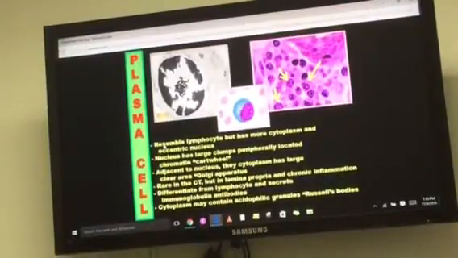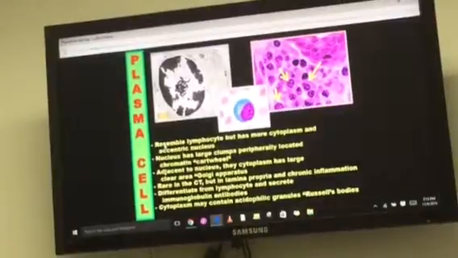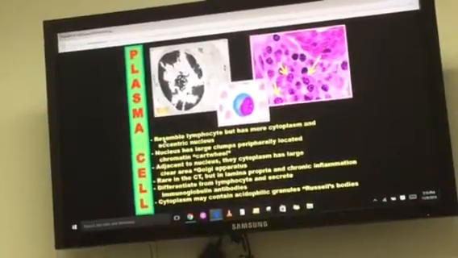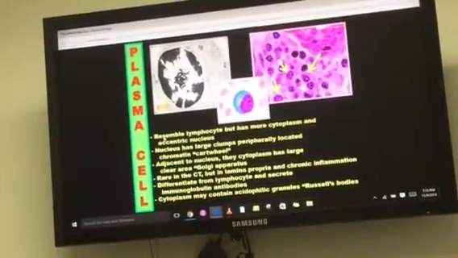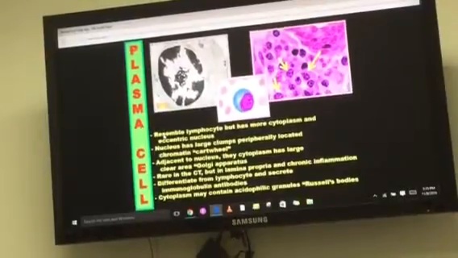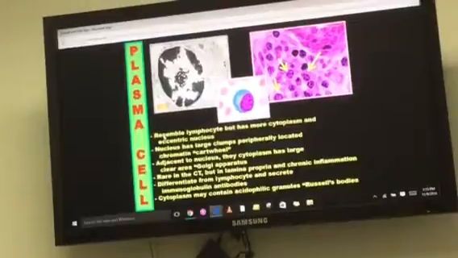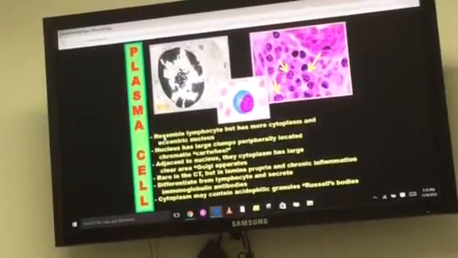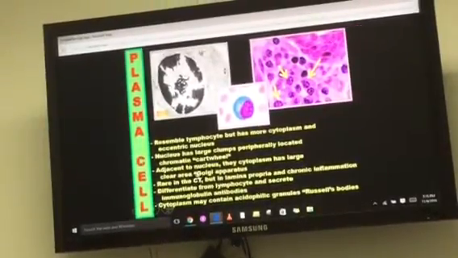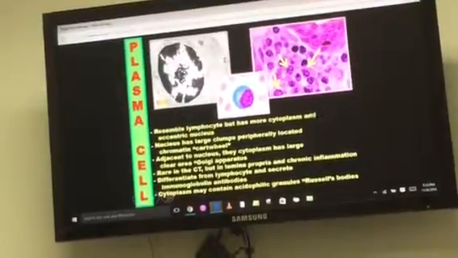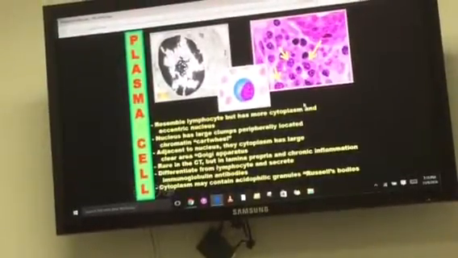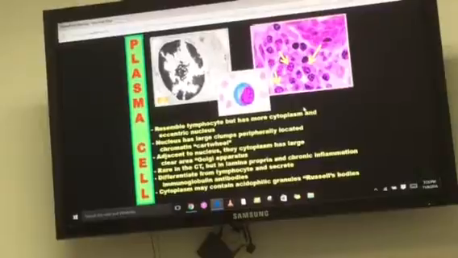And then we have our plasma cells, similar to lymphocytes, but with more cytoplasm and an eccentric nucleus. The nucleus is large, with clumps located at the periphery. Adjacent to the nucleus is the Golgi apparatus, rare in connective tissues, which secretes immunoglobulin antibodies.